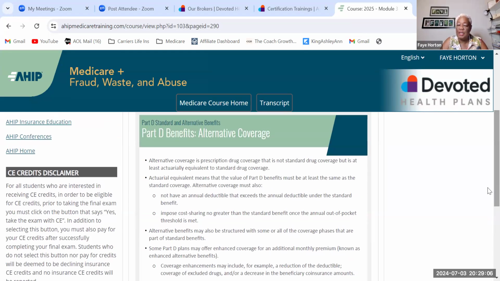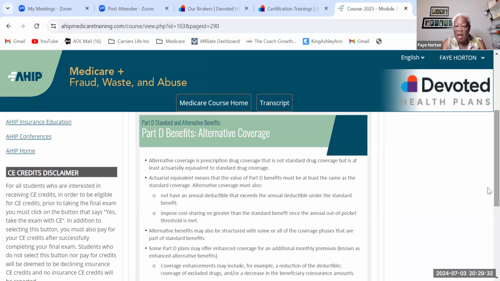Alternative coverage continued. Alternative coverage is prescription drug coverage that is not standard drug coverage, but is at least actuarially equivalent to standard drug coverage. Actuarial equivalent means that the value of the Part D benefits must be at least the same as the standard coverage.